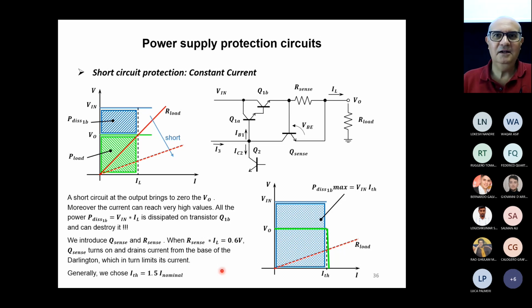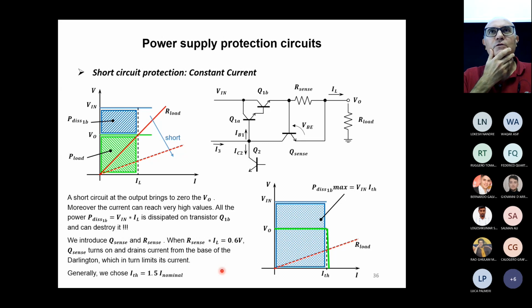something that happens quite often is that maybe you have a screwdriver in your hand, or your friend has a screwdriver in his hand and drops the screwdriver on your circuit, creating a very nice short circuit.